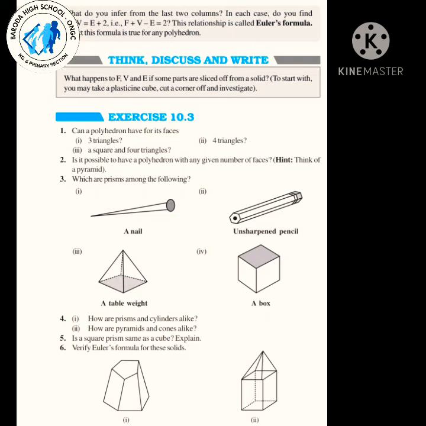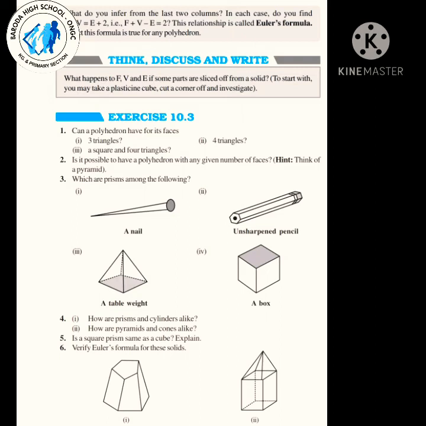Now moving towards question number 3. Which are the prisms among the following? The first one, you see, it is a nail. It has a curved surface. So it is not a polyhedron. Okay, and hence it is not a prism. The second is a pencil. Now if you see, it is an unsharpened pencil which has faces.